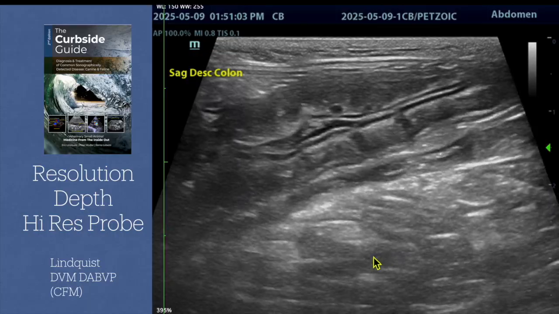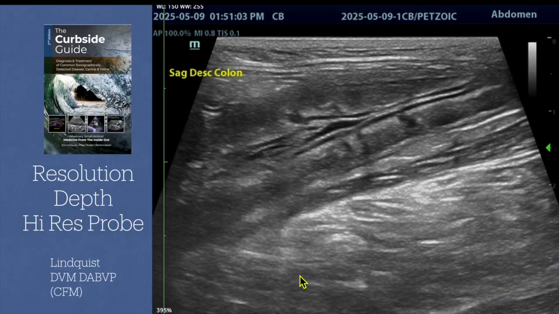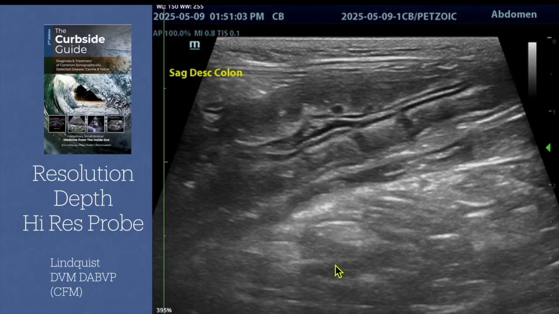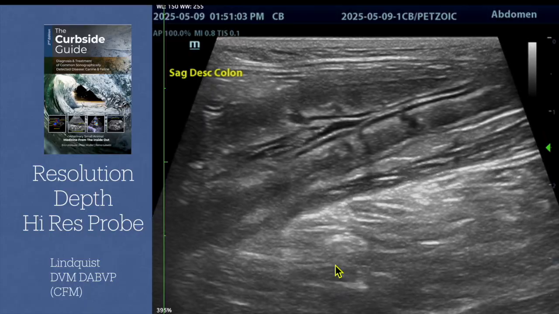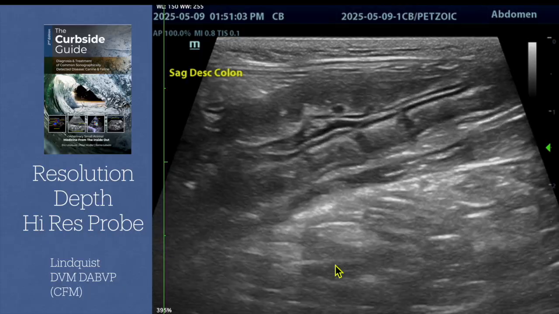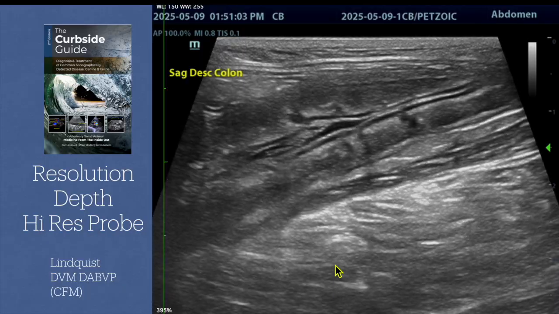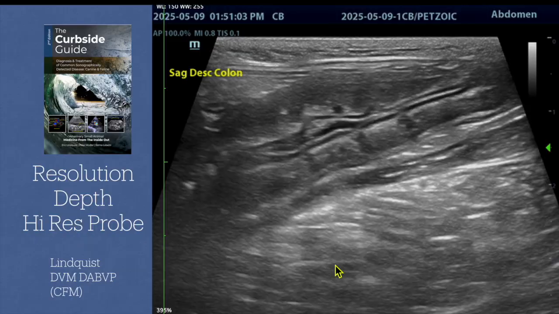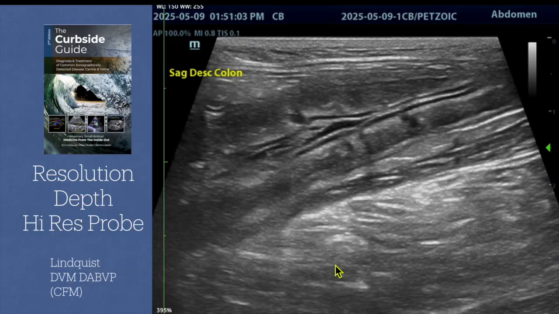I can make out curvilinear patterns in the fat. If I had a structure down here, I would probably be able to see it pretty well. So this is a 3 centimeter resolution depth presentation with 14 megahertz, which is extremely high frequency, used for thyroids, intestines, spleen, eyes, things like that. And this is the highest resolution we're going to get with a mid-level machine.